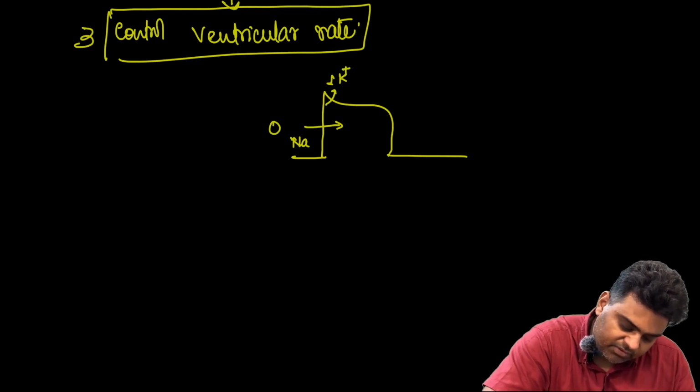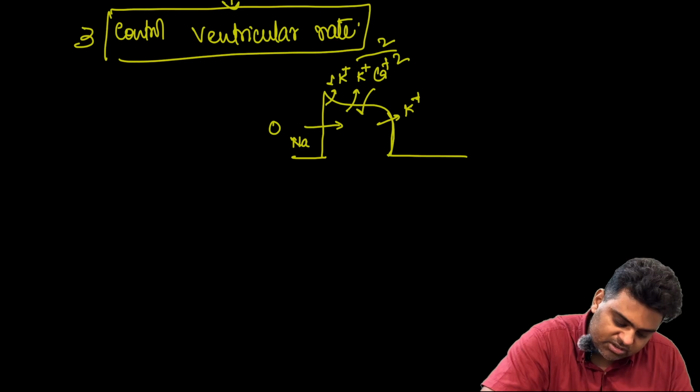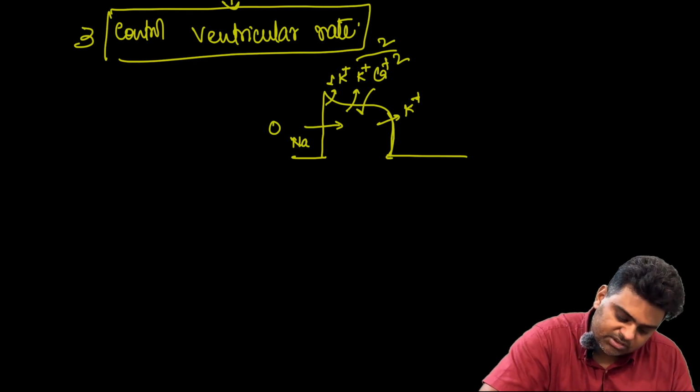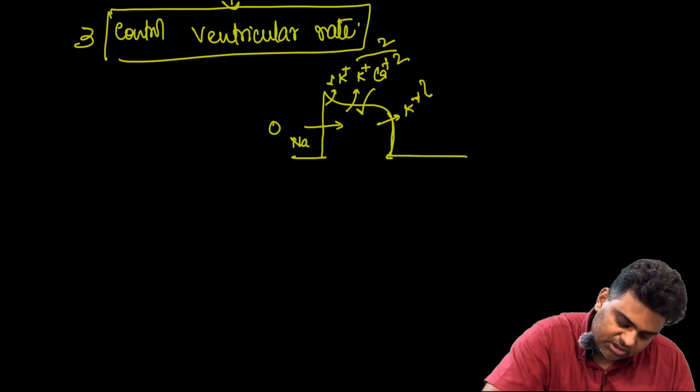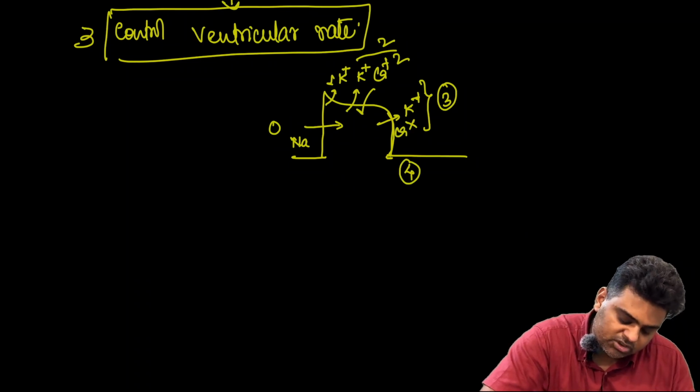Then there is the second phase where potassium goes outside the cell and calcium comes inside. Then in the third phase, potassium remains open and repolarization starts, and here calcium channels are closed. Then there is the fourth phase, which is the baseline.